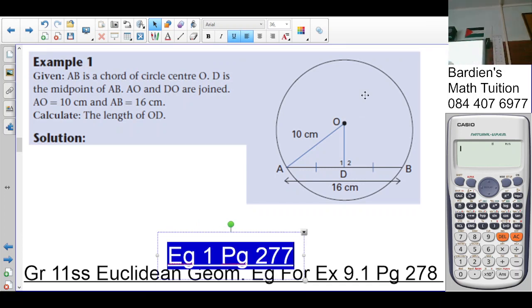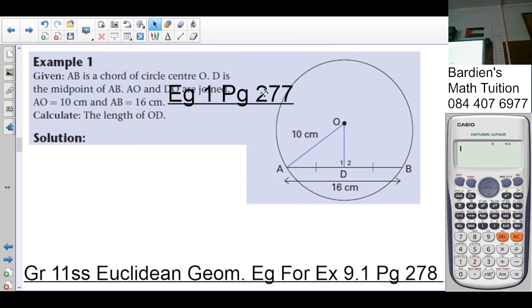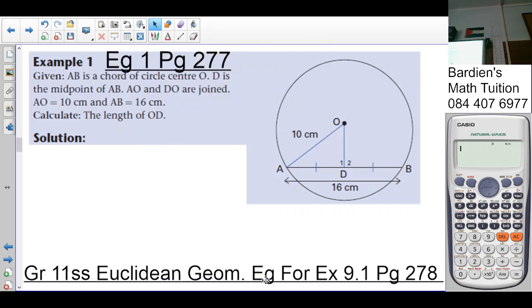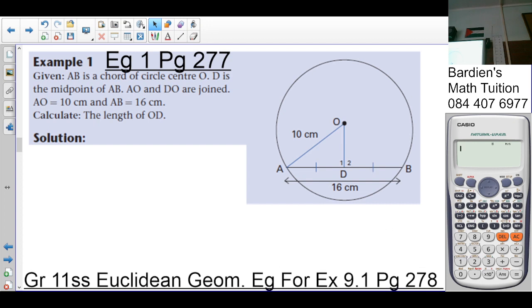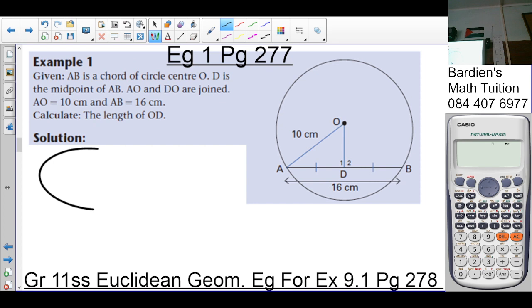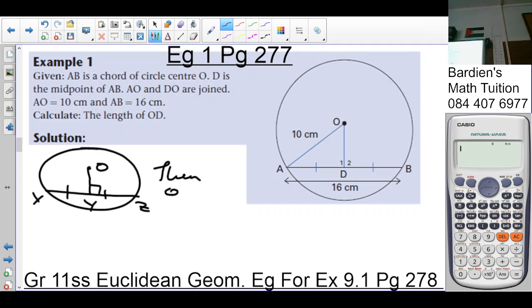And these examples are for exercise 9.1 on page 278. So let's go with this quickly. As I've indicated, if you have a circle, and you have those lengths equal, if that was X, Y, and Z, and O is normally the center of the circle, then we can conclude OY is perpendicular to XZ.